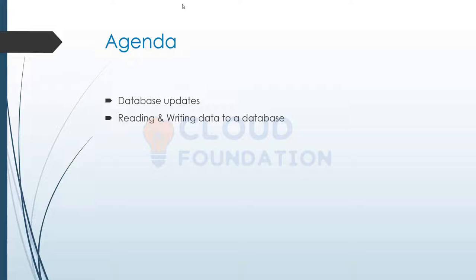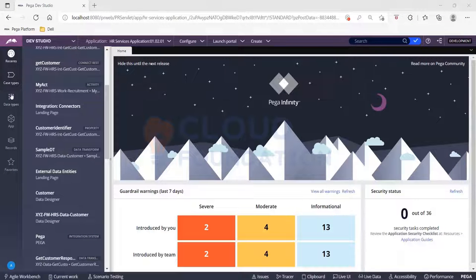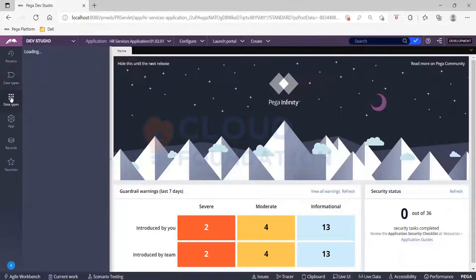Should we see the activity first? Let us see some related items and then we will go with the savable database. I think we already have a couple of activities, but let us go to the data types. We will see.